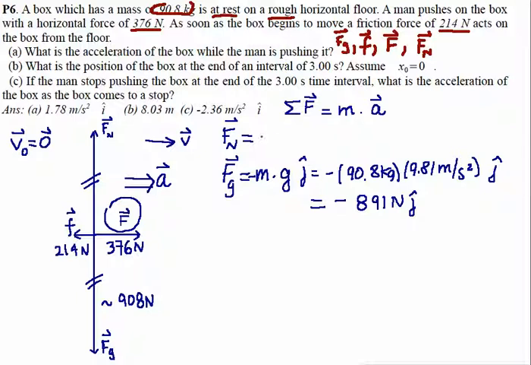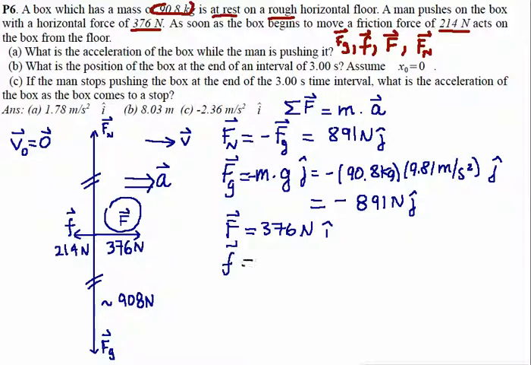Fn is equal to the opposite of Fg, so it's going to be 891 newtons j hat. Next we have F, which is 376 newtons i hat, and the friction force, which is negative 214 newtons i hat.